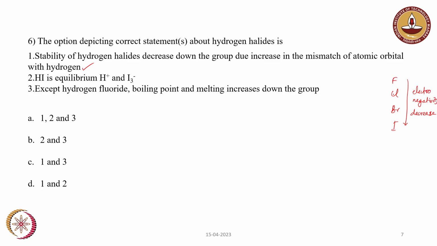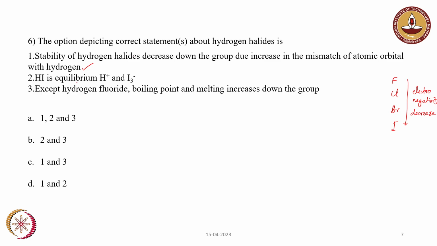So the atomic orbital energies will be different, and it will be higher than the orbital energy of hydrogen. So there will be orbital mismatch, and the bonding will be weaker. So the stability of hydrogen halide decreases down the group.